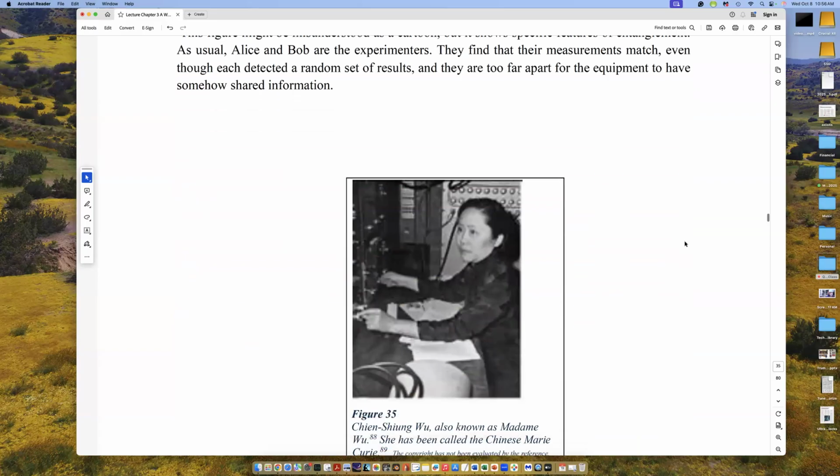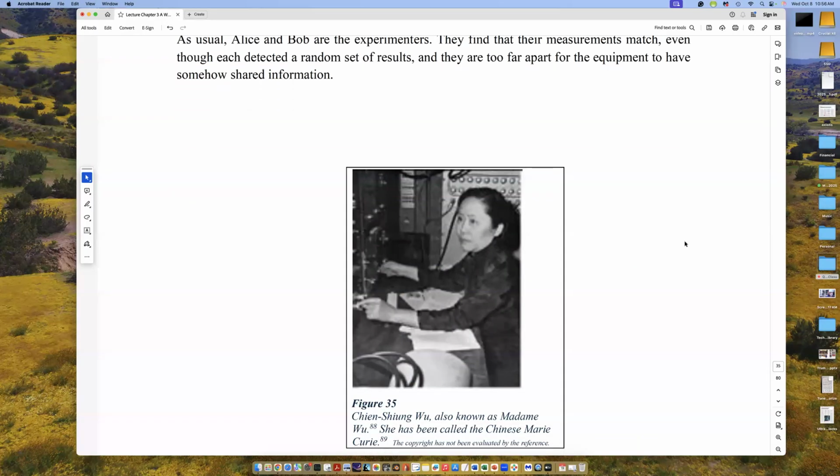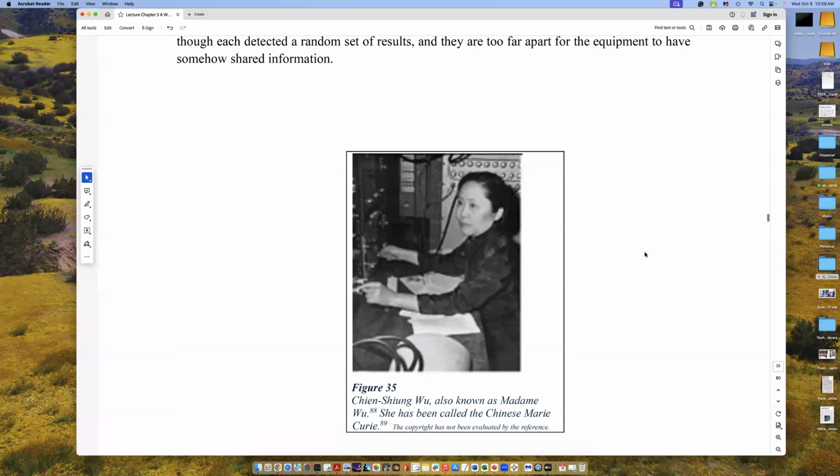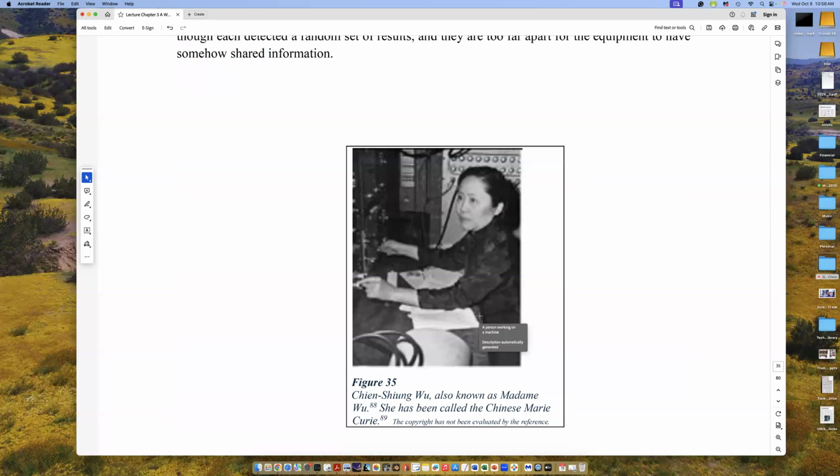Here's Madame Wu, famous Chinese nuclear scientist, who in the early 1950s, probably without realizing it, was the first to detect entangled particles. She and her student were working with radioactive materials, making measurements of the polarization of some property, doesn't matter what it is, of the particles that come out of nuclear decay.